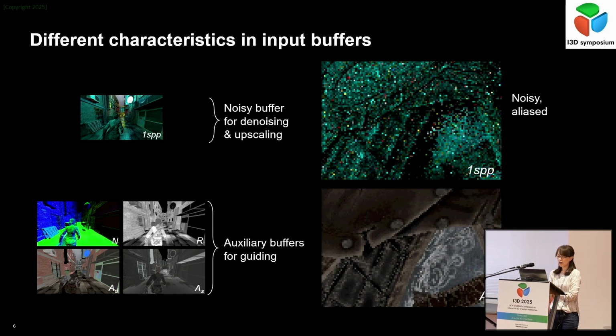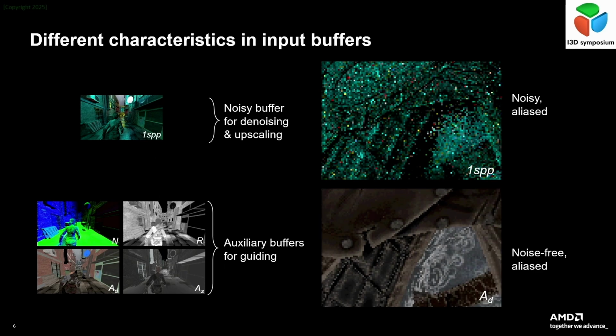So our key idea is that the feature extraction neural network model should be designed with a different dedicated branch for these two different characteristics so they can be handled well. And we propose our feature extraction model based on this idea.